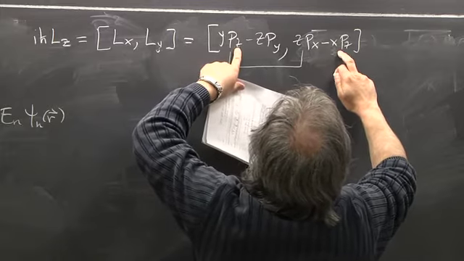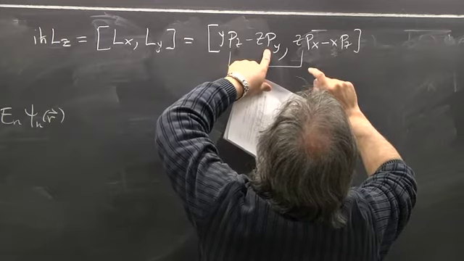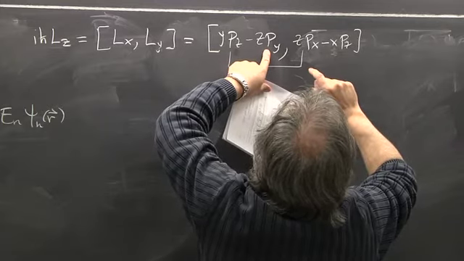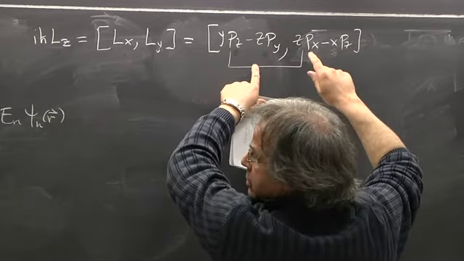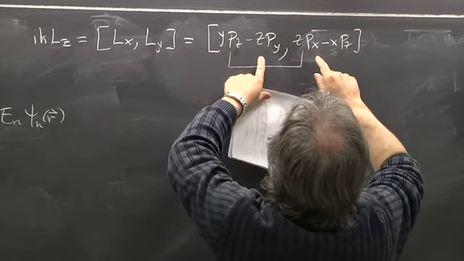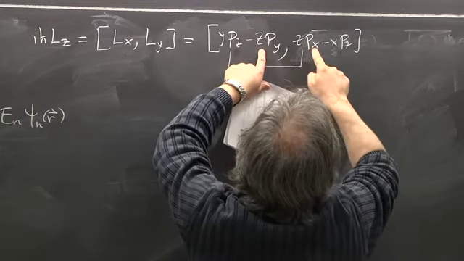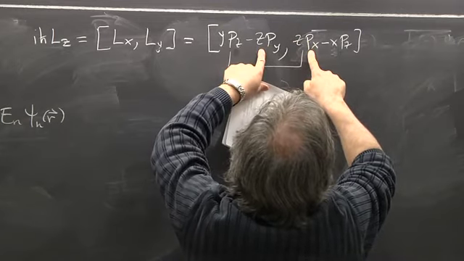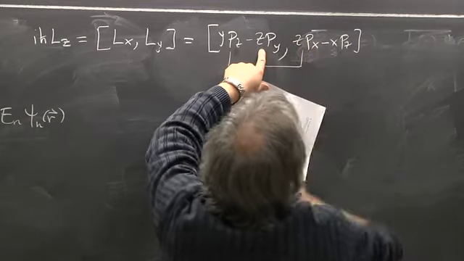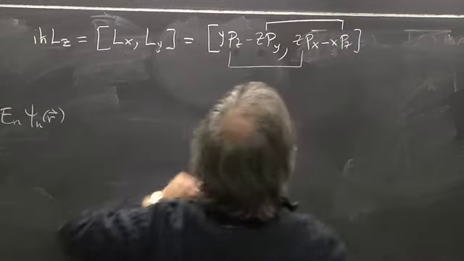Similarly, for instance, this object, am I doing the right thing here? Yes. Okay. Similarly, here, this term is not important because all terms commute. The other important term is this. Okay?